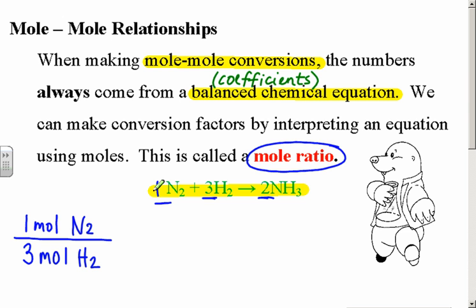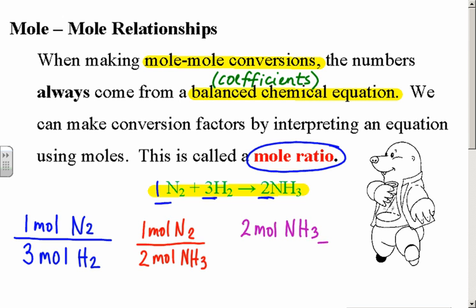For example, I could say 1 mole of nitrogen would react to give me 2 moles of ammonia, NH3. I can make any possible combination between chemicals in this equation. I can also put them in any possible arrangement in terms of who's on top or on bottom of this ratio. For example, I could take 2 moles of ammonia right here, change it back into 3 moles of hydrogen.